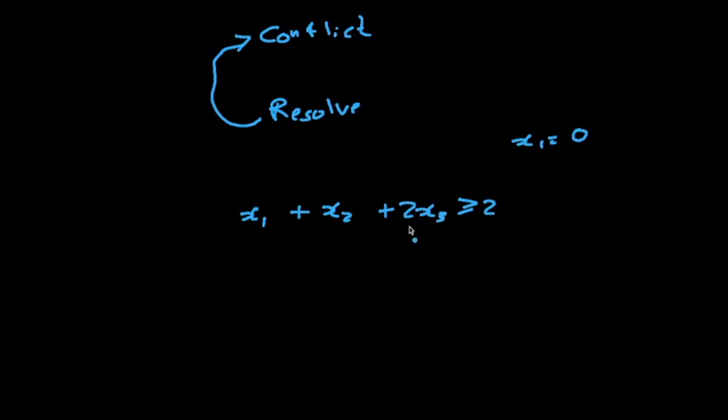If the slack is less than the coefficient of a particular literal, in this case the slack will be... what is the slack here? After I set x1 equal to 0, that is 1 plus 2, 3 minus 2, it is 1. The slack is 1 here, which is less than 2, which is this coefficient. That means that this literal has to be equal to 1. Okay, so that's a propagation technique.